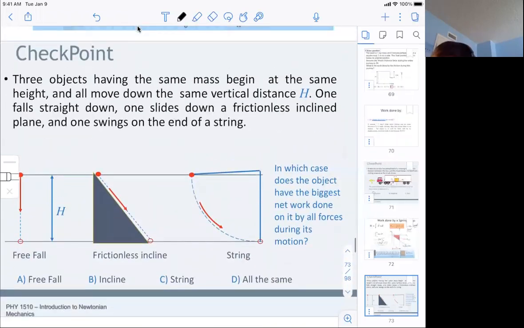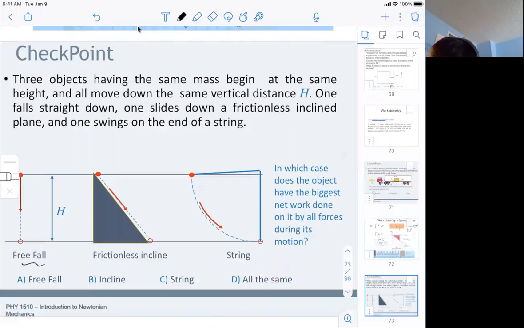The last question I want to mention, because it summarizes all the different forces before we move on to talk about energy transfers. So let's look at 3 different scenarios. Scenario 1 is a free fall. Scenario 2, an object going down an incline that has no friction. Scenario number 3, you have a pendulum.